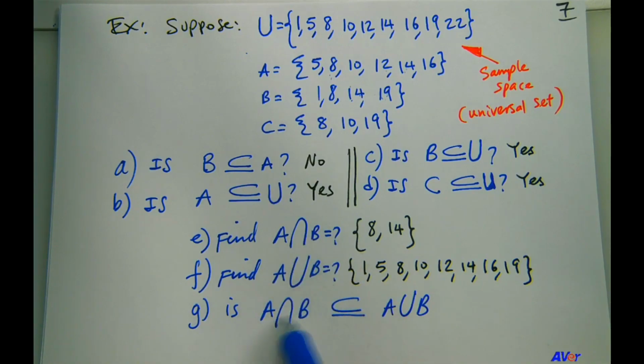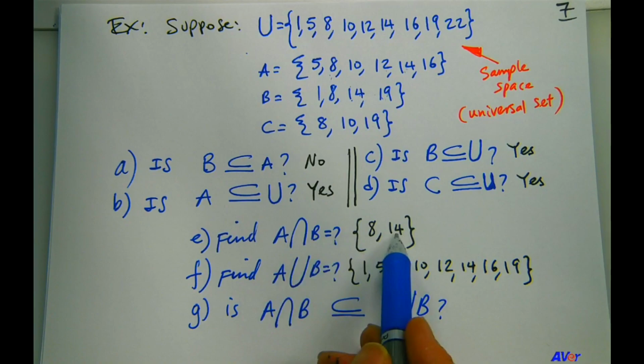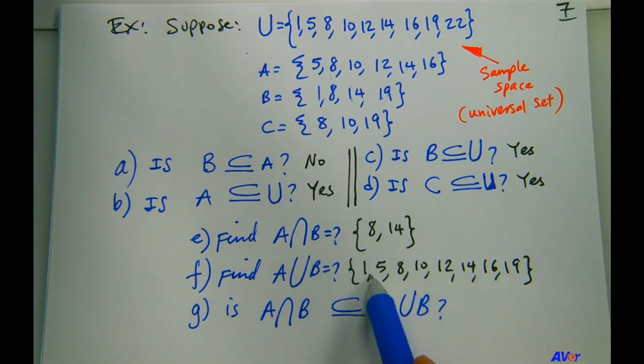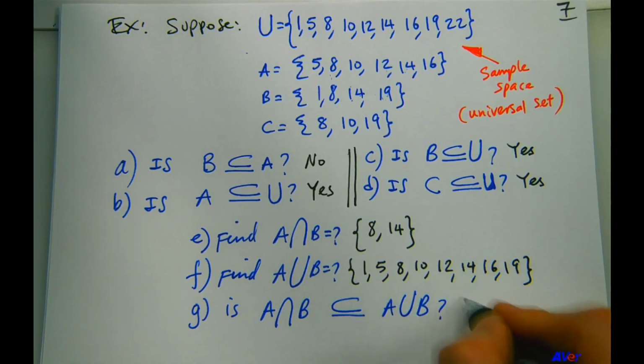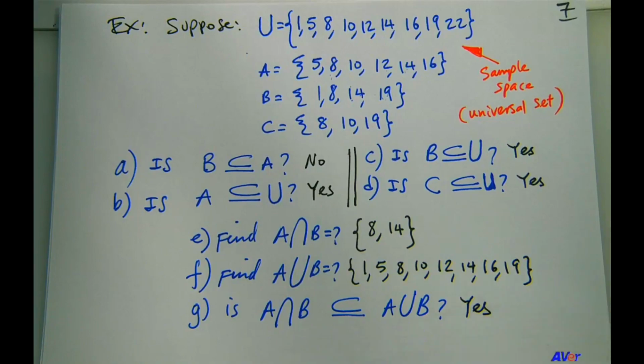A intersection B is here, 8 comma 14, and A union B is here, all of this. So this question is asking, is A intersection B a subset of this? Well, let's check. 8 is here, 14 is here, so yes.